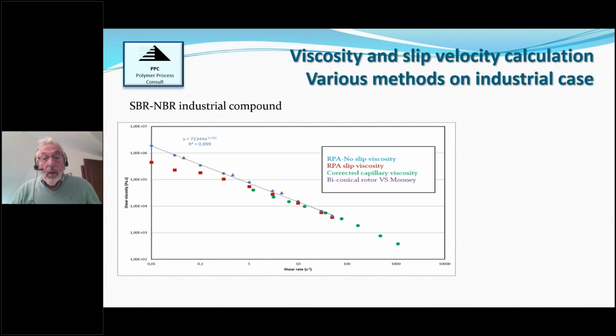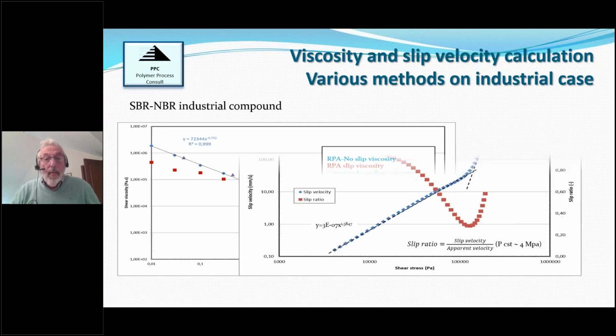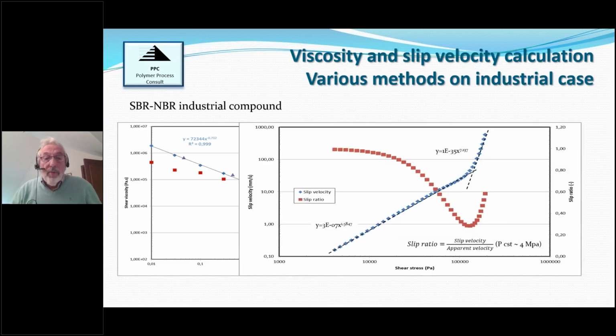Although the corrected capillary viscosity is only following, at low shear stress or lower shear rate, the same path of the slip. So in that case, slip was really quite important. And again here, slip velocity as a function of shear stress. It was a little bit of a surprise: actually, we have a dual response, or dual Navier coefficient.